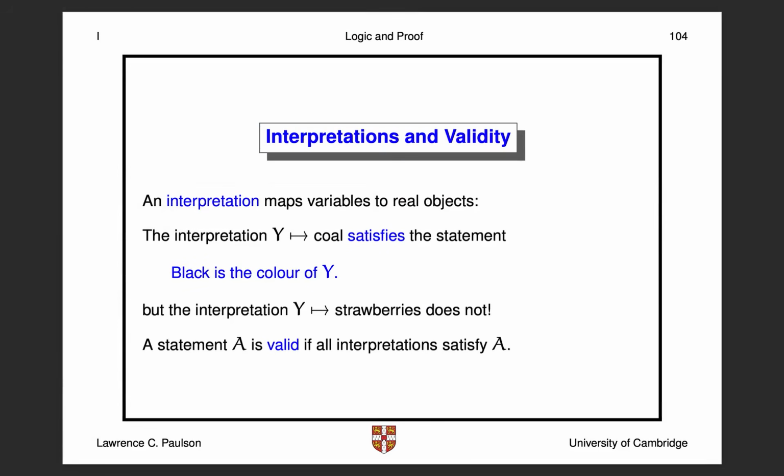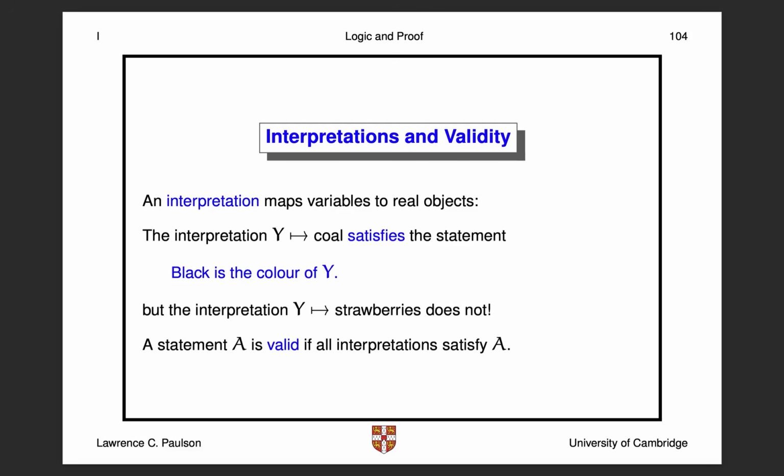The moment you introduce variables, you need to do something about the meanings of those variables. So for this we use a map called an interpretation, simply a function from variables to their meanings. Now, as I said, meaning for us will be very simplistic.